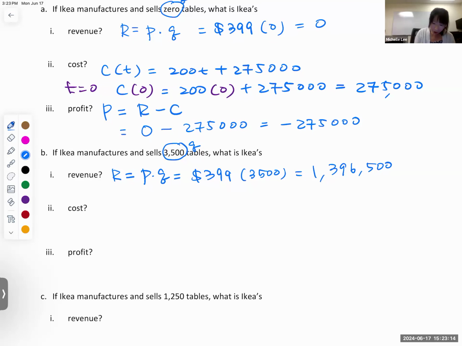Okay. Cost. So C of T equals 200T plus cost function 275,000.